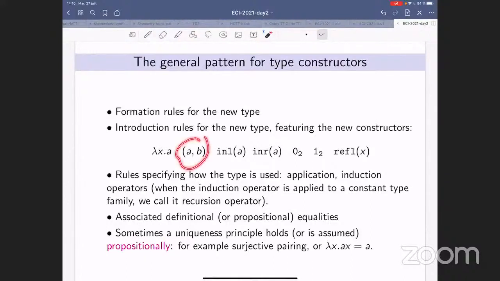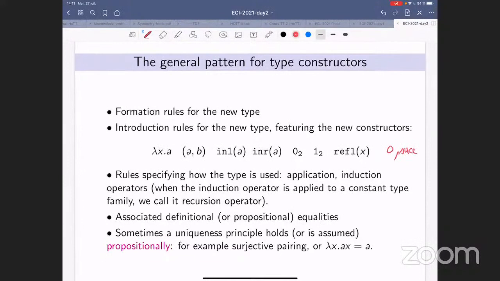The pairing for the sigma type, the in left and in right for the co-products, 0 and 1 for Booleans, and reflexivity for natural numbers. And I could have added here 0 and suc for natural numbers.